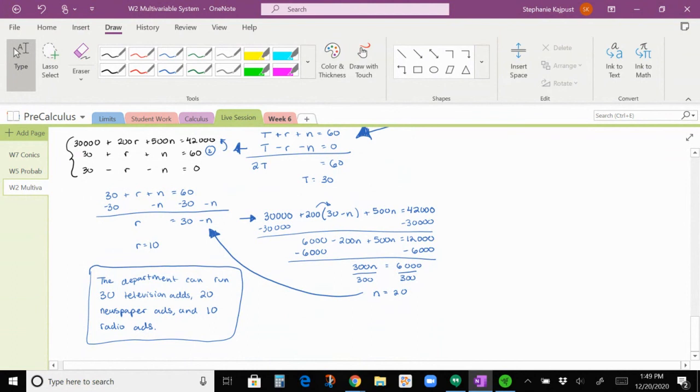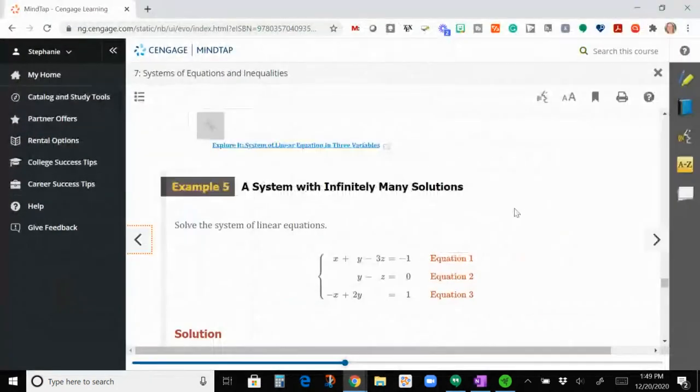I have a question from the textbook, example 5, if I can go there. Sure, I've got the textbook open. Let me pull that up. It's the system with infinitely many solutions, example 5. There we go. 7.3.